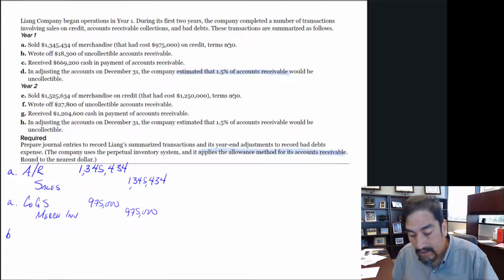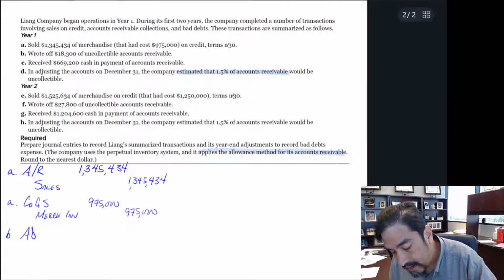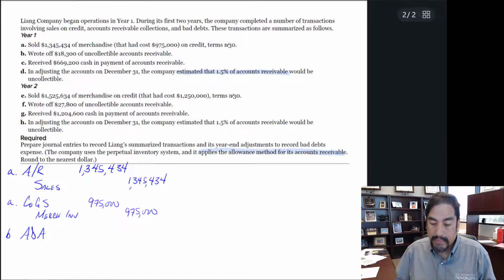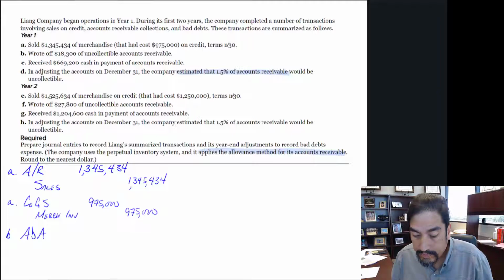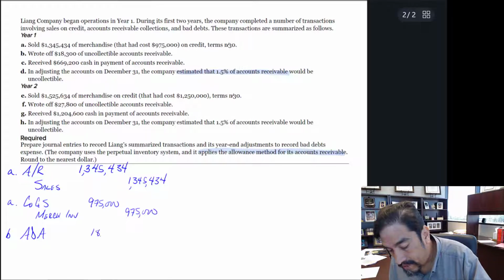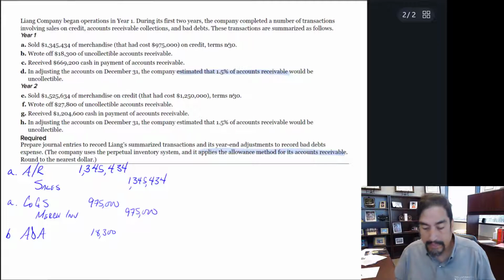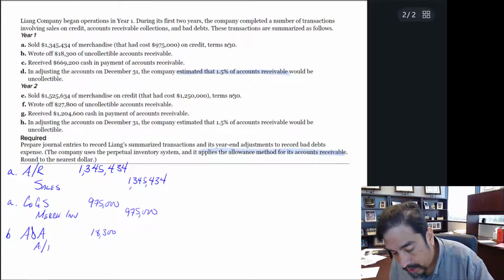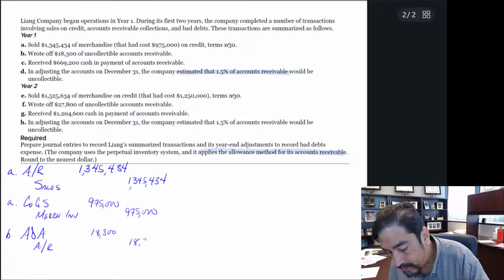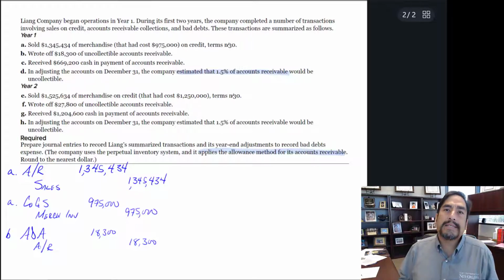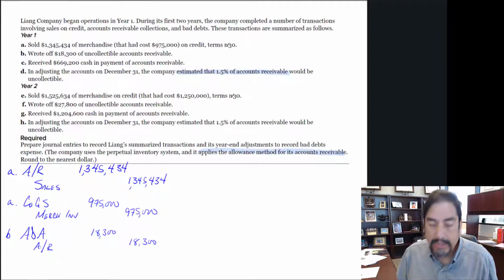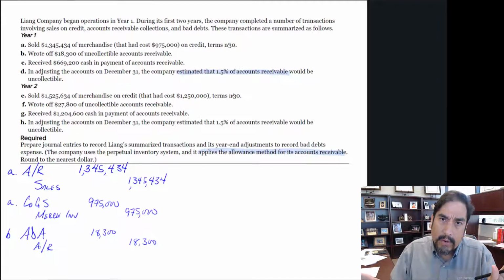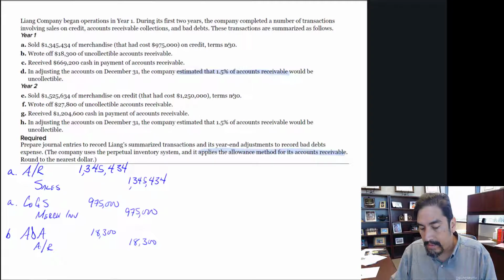Instead, when we write off, we hit the allowance for doubtful accounts account for 18,300, and we're going to pull that out of accounts receivable. Accounts receivable is an asset. When we reduce it, we do that with a credit, because we're pulling that 18,300 out of our accounting system. We don't think we're going to collect it.